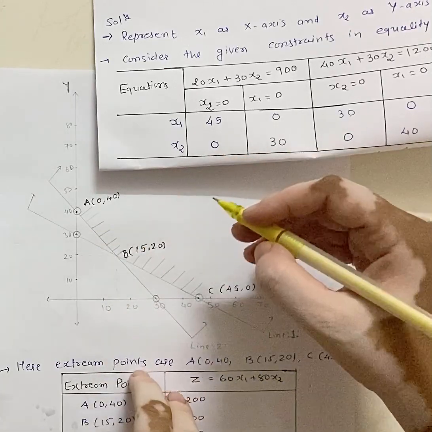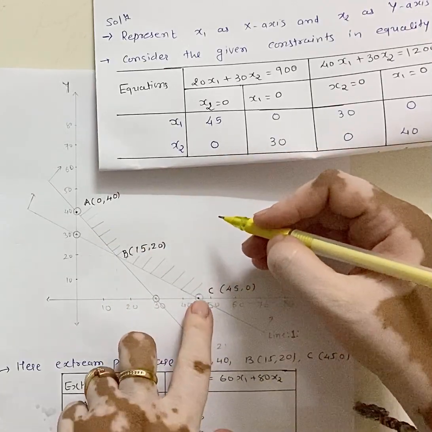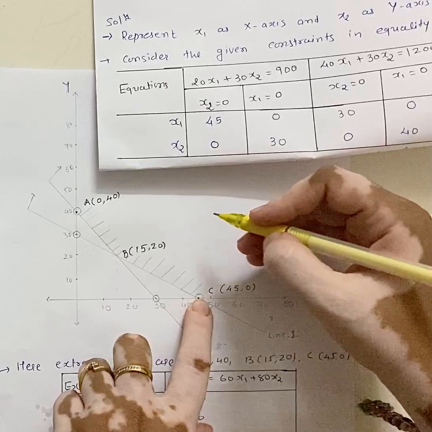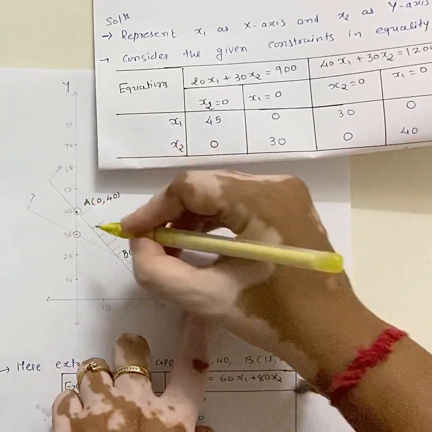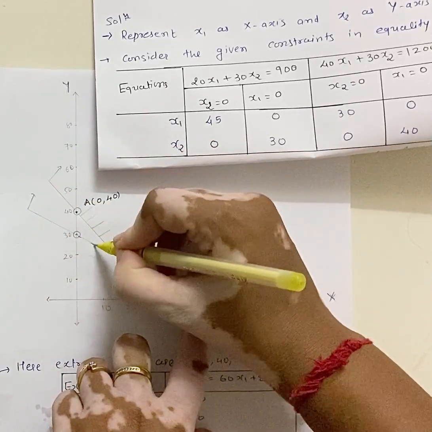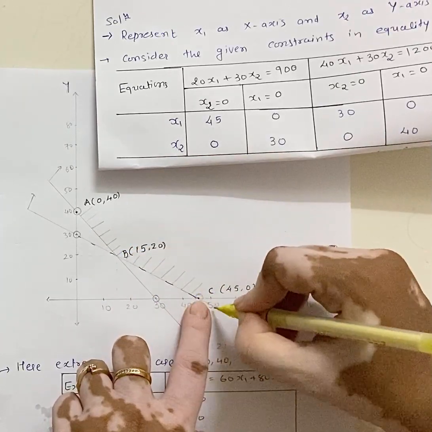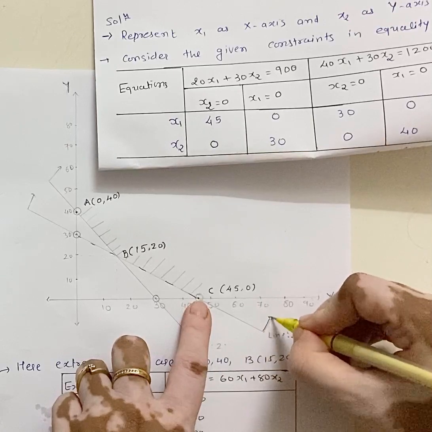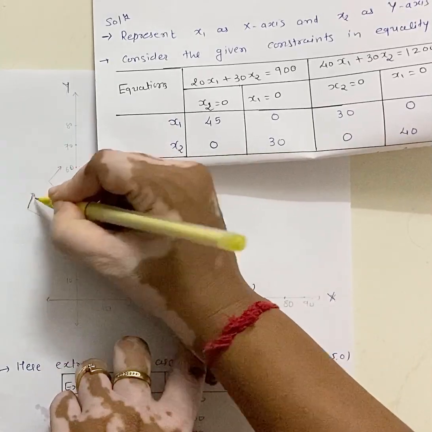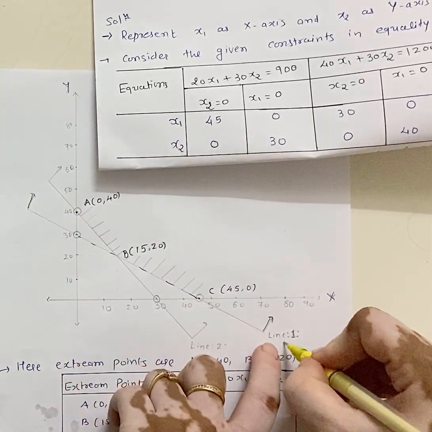So draw one line through 45, 0 and 0, 30. This is one line, and we draw the upward arrow. This is our line 1.